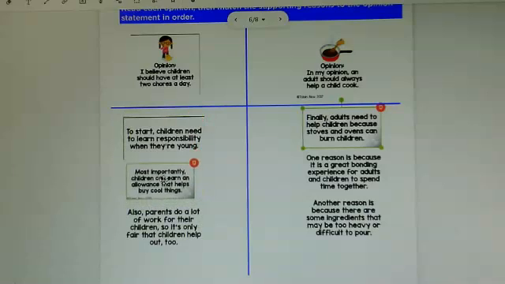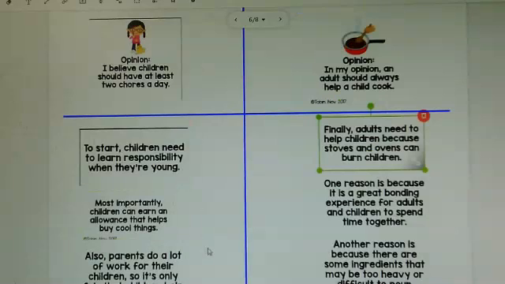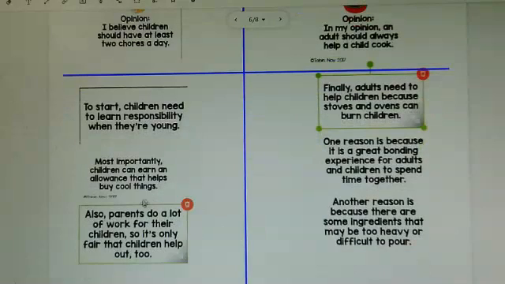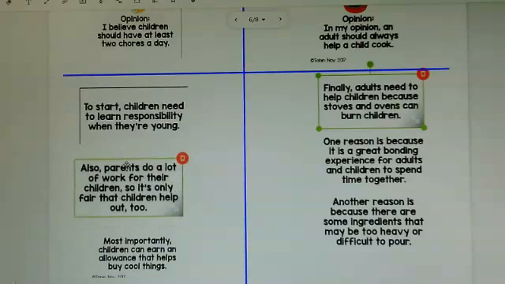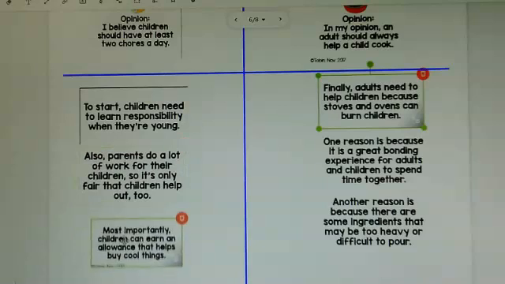And that one gets moved. So to start, children need to learn responsibility when they're young. Do I need to go with most importantly, children can earn an allowance that helps buy cool things? Or also, parents do a lot of work for their children, so it's only fair that children help out too. Which one of these sounds better next? Remember, you should be able to read them in order when it sounds like you're reading a paragraph. I think I'm actually going to go ahead and switch these two because most importantly sounds like something we would say at the end.